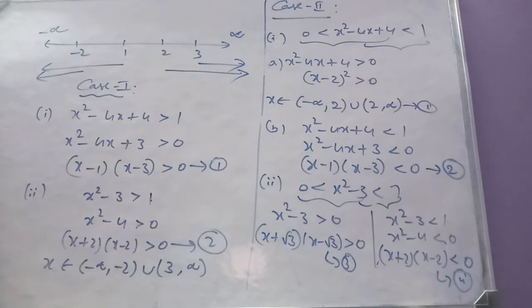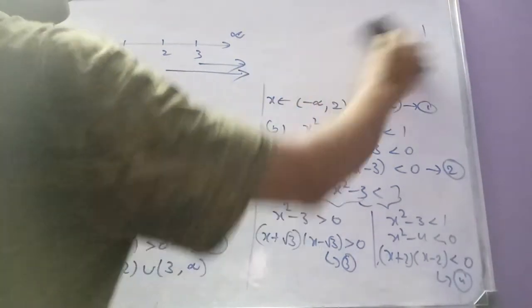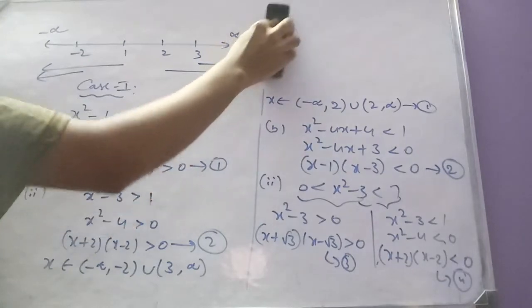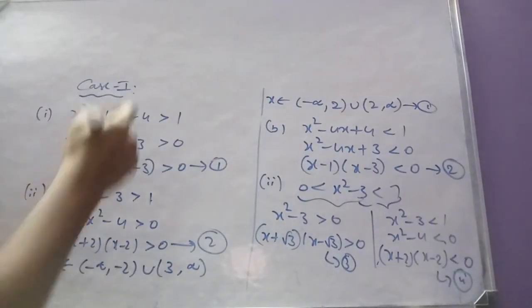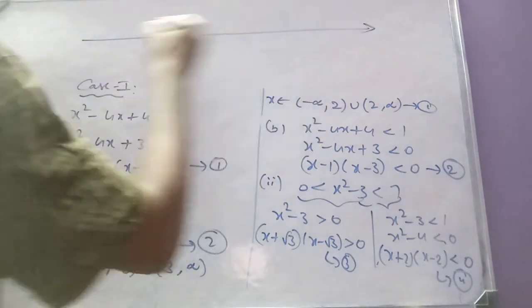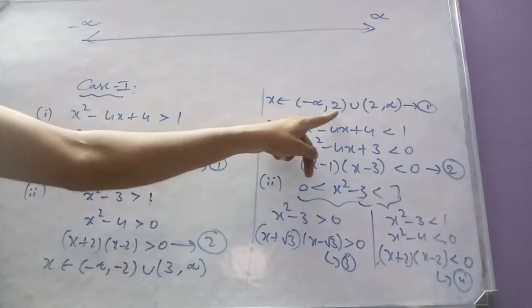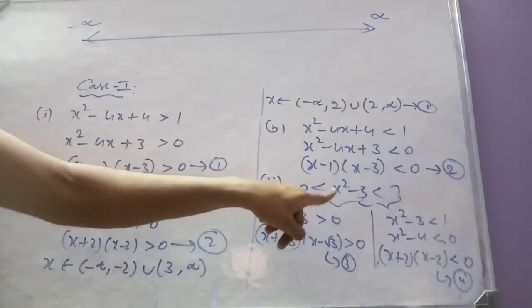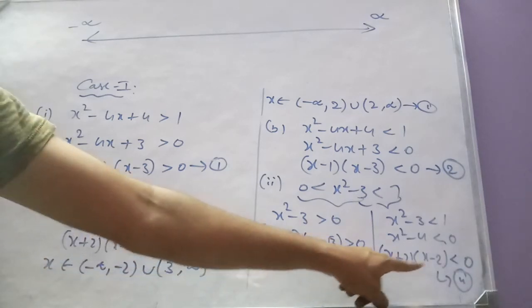Now let us obtain the second solution set. So the second solution set has 4 inequalities. I am erasing this number line also, as we have already obtained it. So take all the zeros, minus infinity, plus infinity. So 2, and then 1 comma 3, and then minus root 3 and plus root 3, and then minus 2 and plus 2.